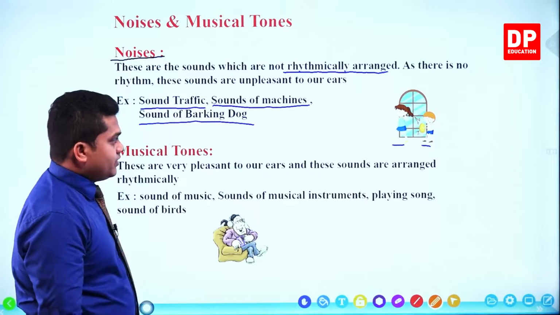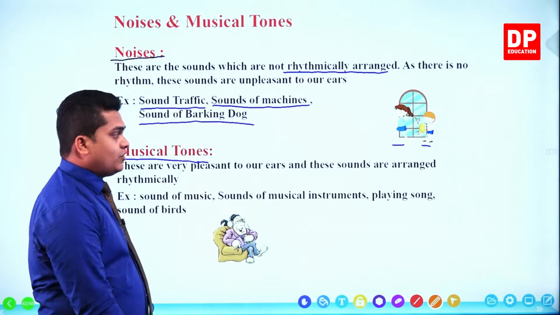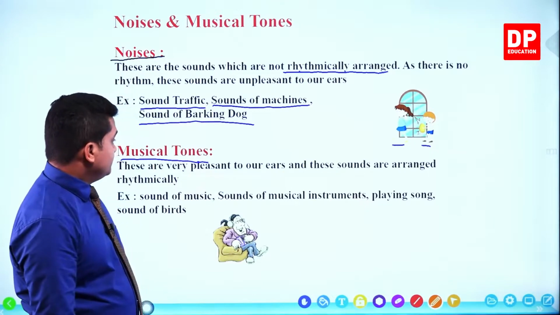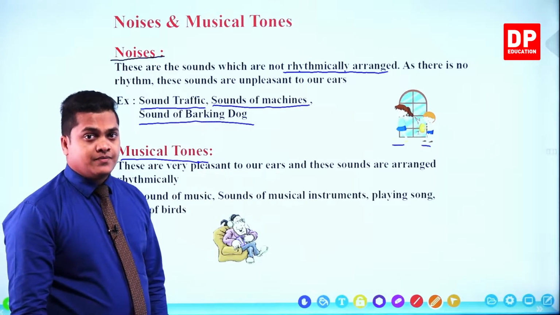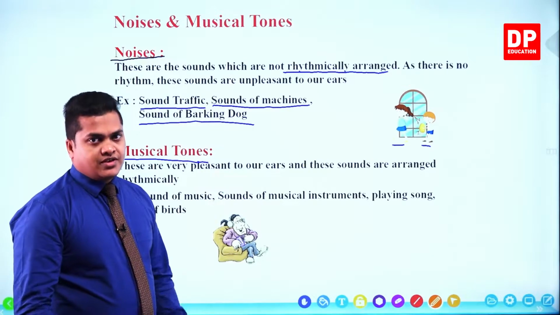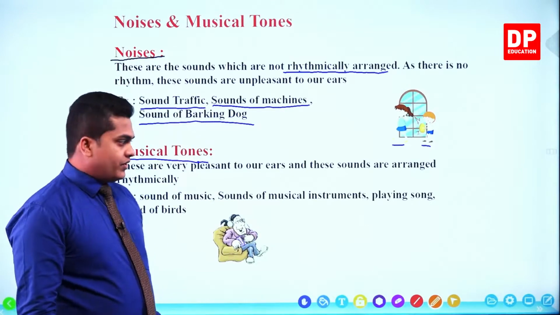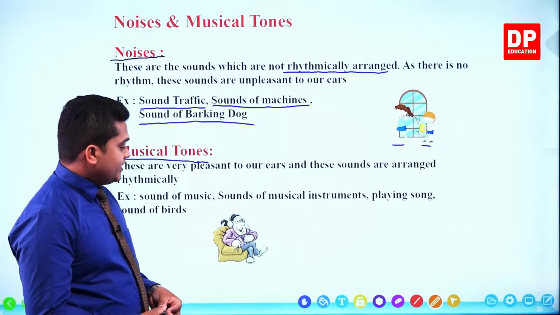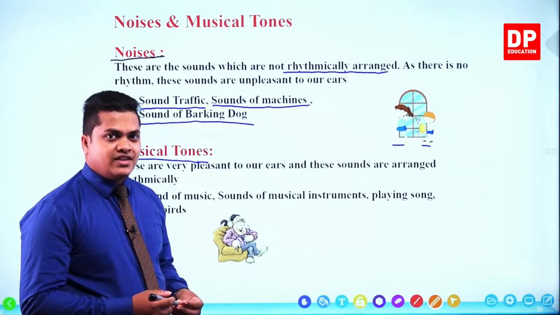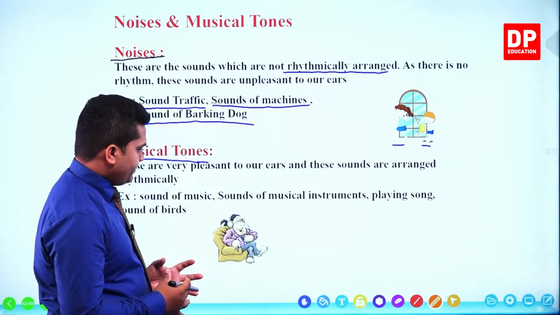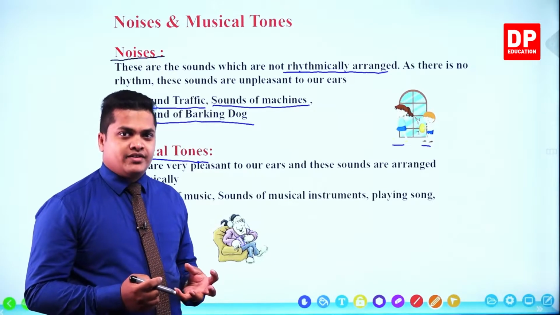Then here you are given musical tones or musical notes, or else music. In this figure also you can see that this person is sitting on a couch listening to some music and he feels really calm and quiet.